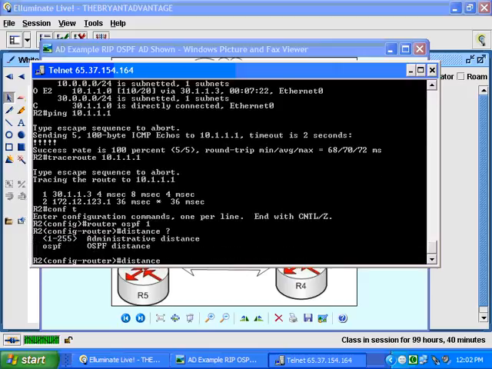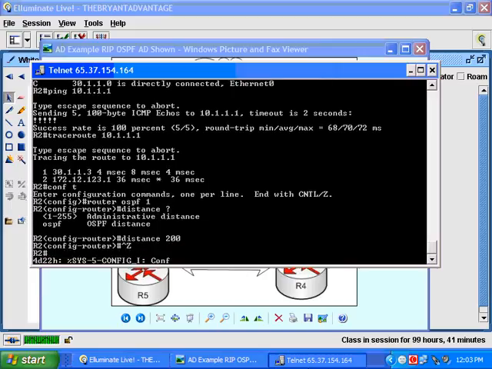And I'll use IOS help to show you. We can set an administrative distance or an OSPF distance. That OSPF distance will come to you during your more advanced routing studies, your CCIE studies. But what we're going to do is change the administrative distance on this router only for OSPF to 200.